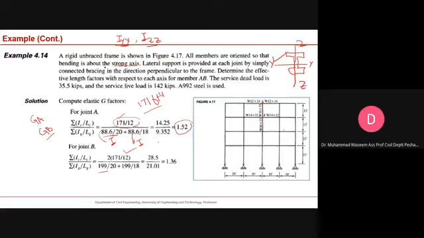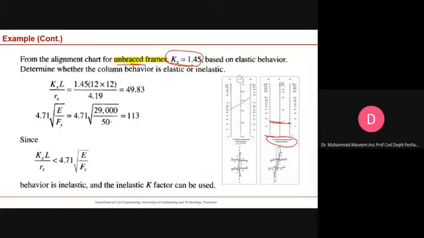Okay, so you calculate GA and GB value. The next step is you calculate this tau value. Okay, now we have to see what the K value is. From the alignment chart, and the frame is unbraced, the K value is about 1.45 based on elastic behavior.